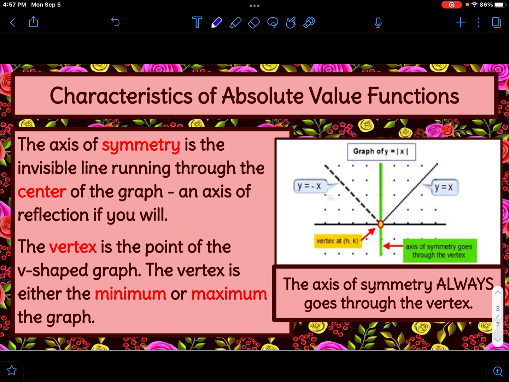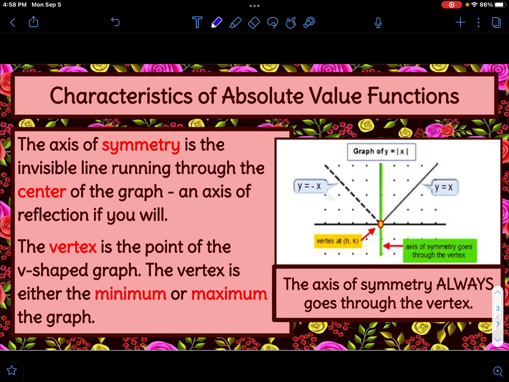Characteristics of absolute value functions. The axis of symmetry is the invisible line running through the center of the graph. If you think back to geometry, it's actually an axis of reflection. This is the line that we can fold this graph over and the 2 sides will match up.